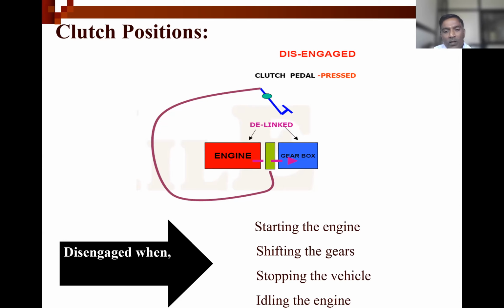In that case it is called disengaged when idling the engine. To remove the load on the engine, or when a vehicle moves down a slope, in that case it is not necessary to have engagement between the engine power and the transmission system. So sometimes we provide neutral, at that time there will not be any load on the engine, so idling the engine.